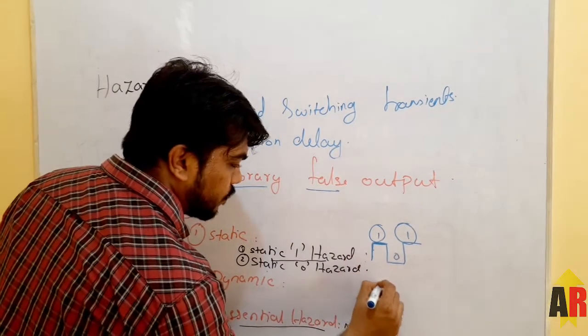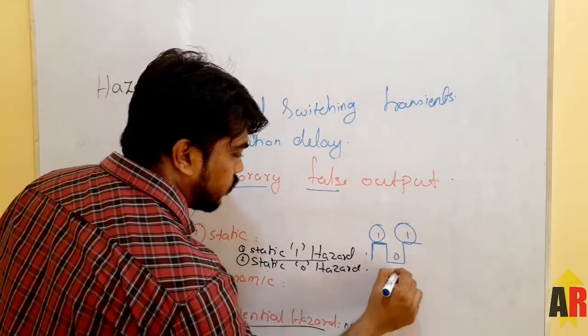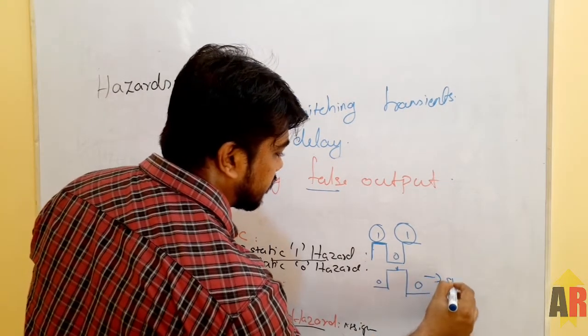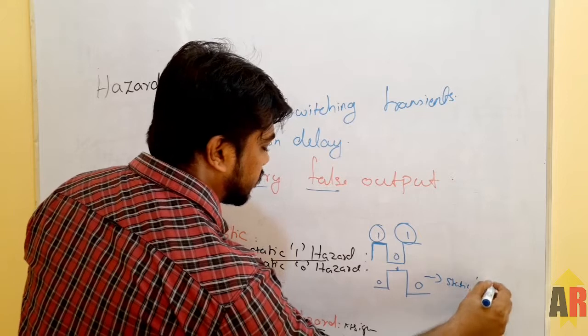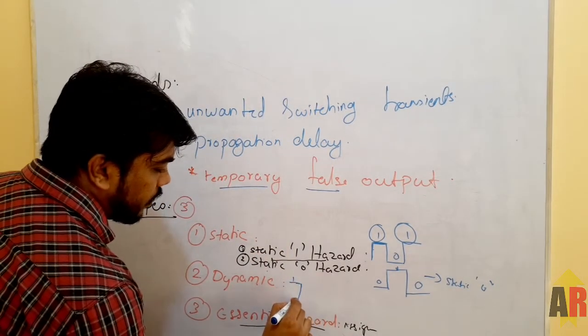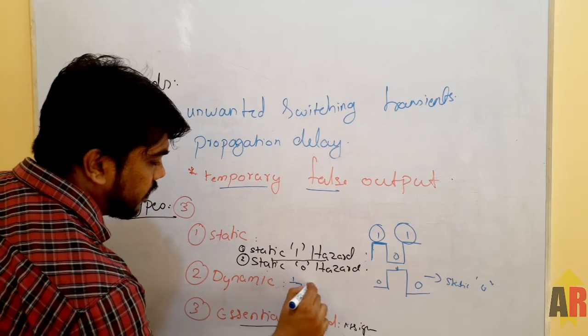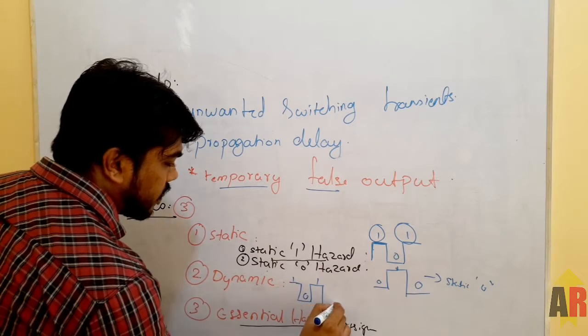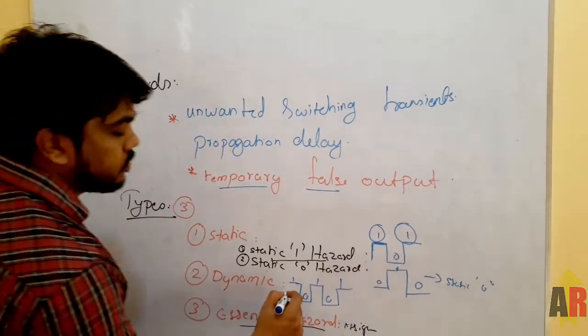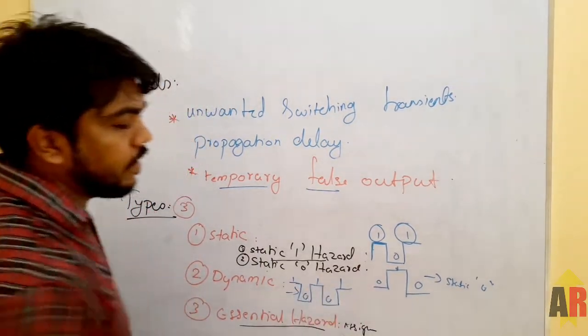Actually my output should be 0, it goes to 1 and comes back again to 0. This is static 0 hazard. Actually my output should be 1, but it goes to 0 and comes back to 1, and once again it goes to 0, then comes back to 1. So this is called dynamic hazard.